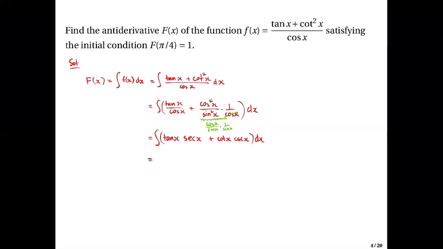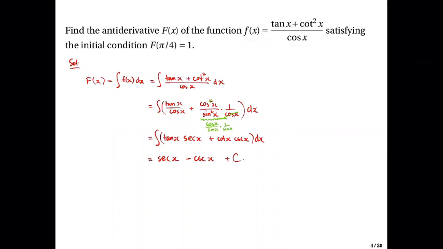For the first one, that's just secant x. For the second one, that's just minus cosecant x. And then we have the plus c. So this is the general antiderivative, capital F of x, of this small f of x.